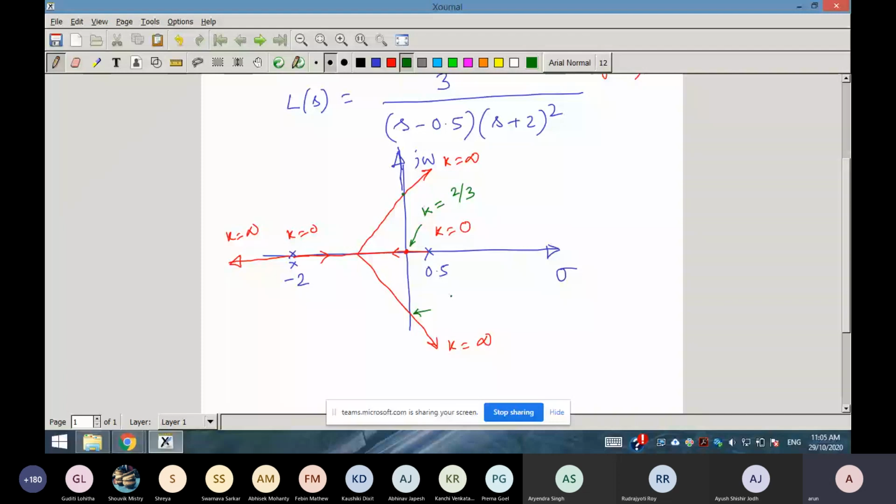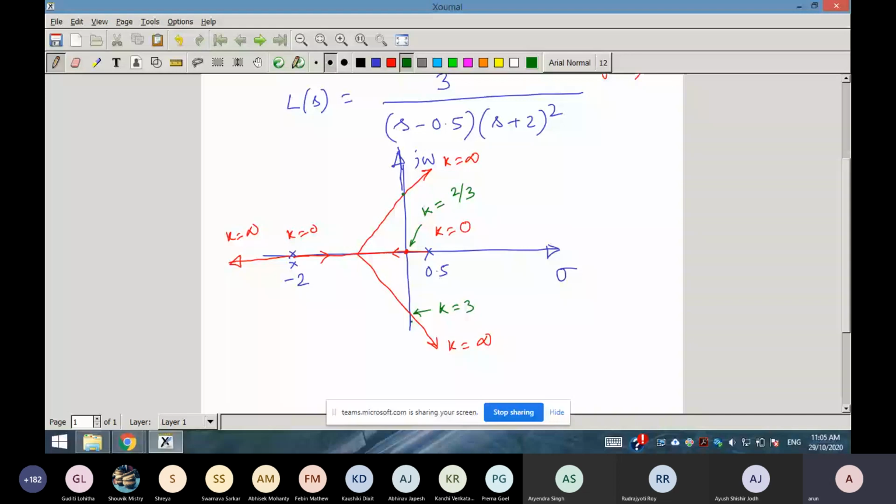Okay, so from the root locus it is clear that k can be reduced up to 2 by 3 and can be increased up to 3 while the closed loop system remains stable.